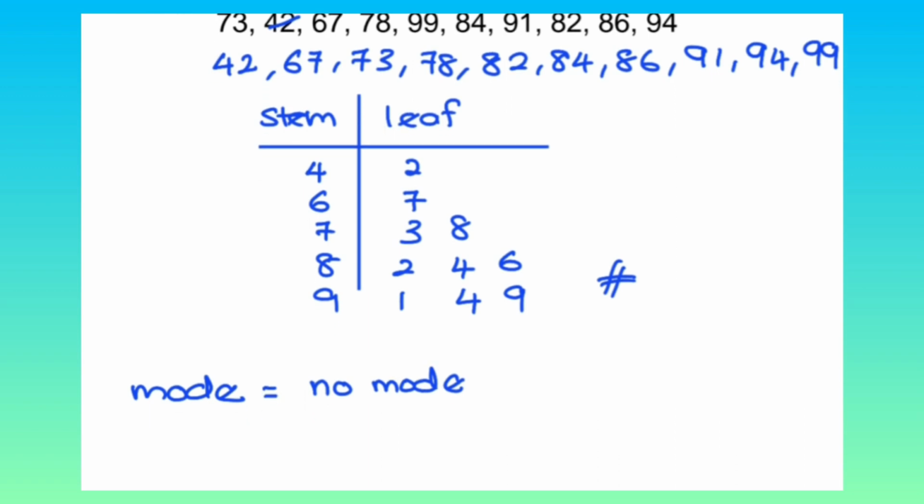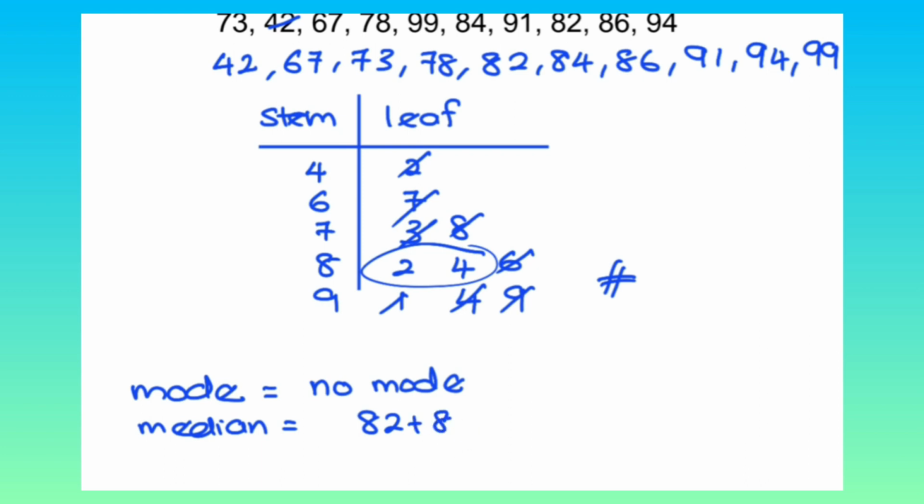Okay, next find the median. What is the median? In this case, we can say last and first. So here we only have 82 and 84. So the median will be 82 plus 84 divided by 2.